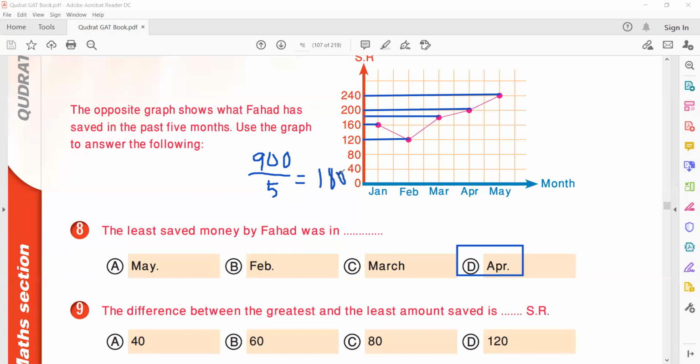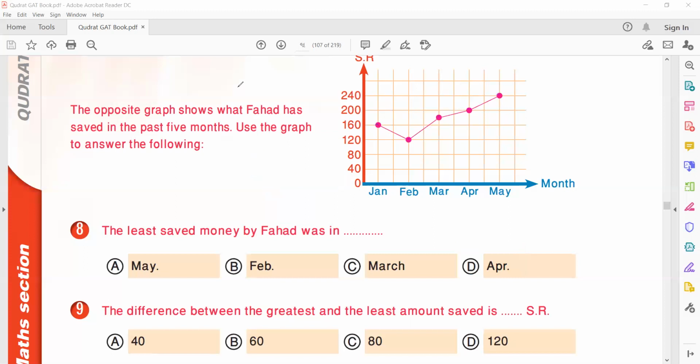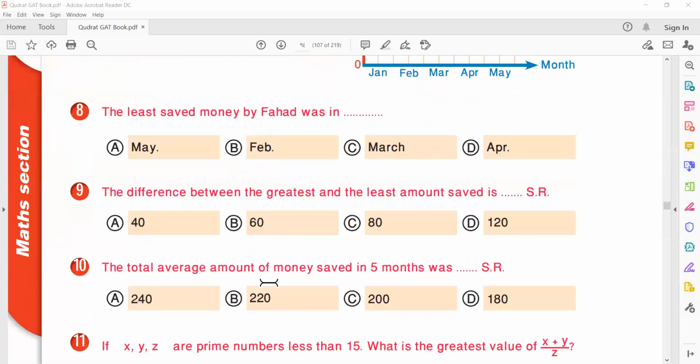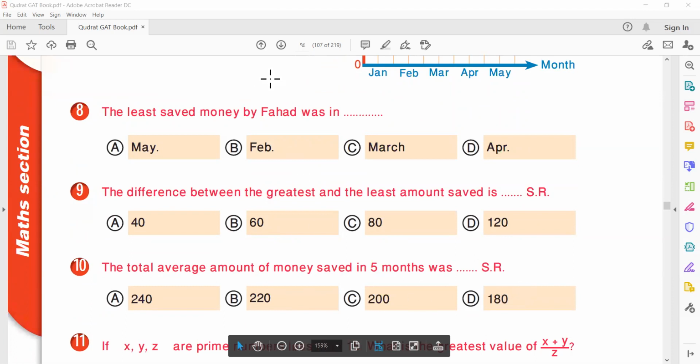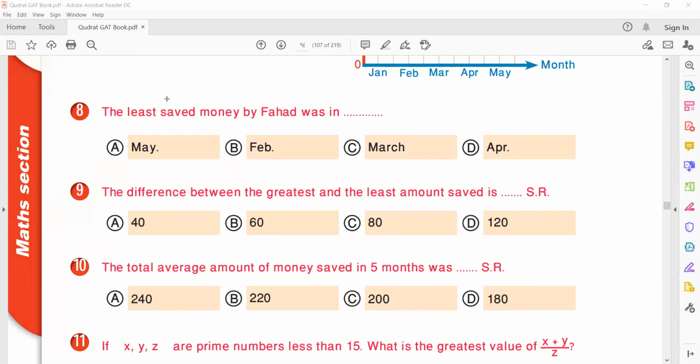So the answer is 180, because we divided by 5. I check the answer. The answer is D, right? Yes, the answer D. So that's correct.